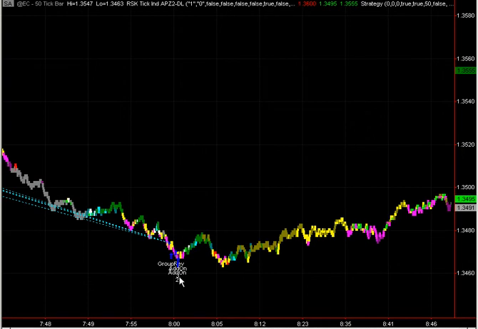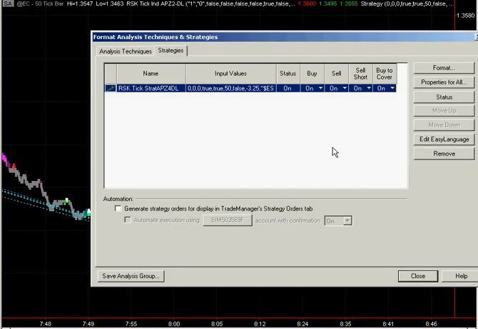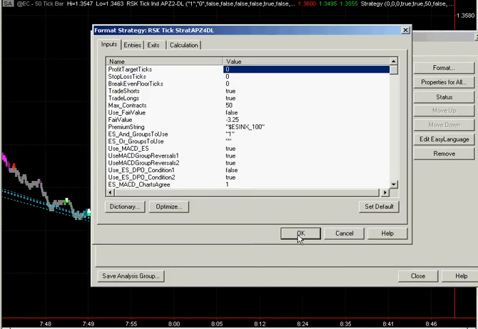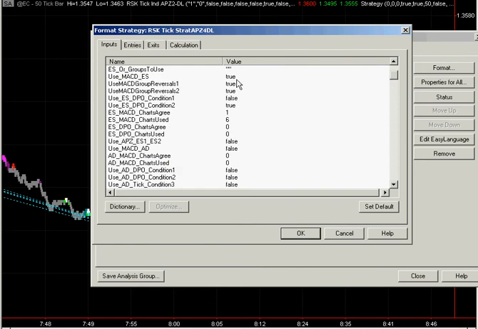Now, what went into the strategy is very simple. We use our standard group reversal system.